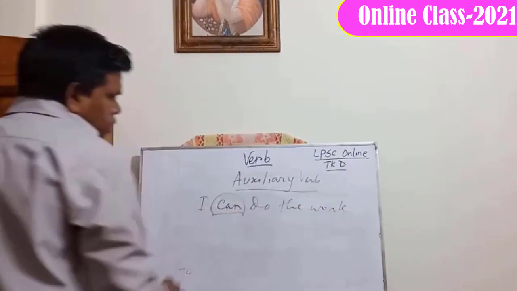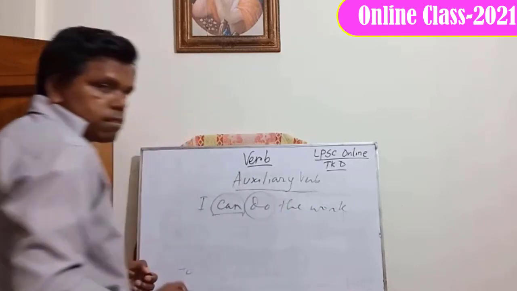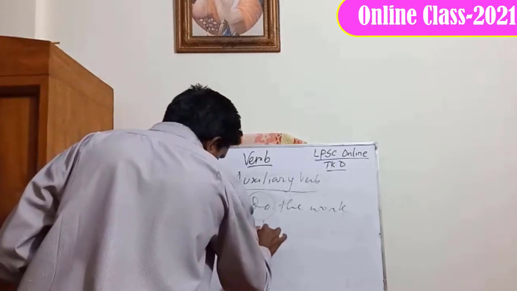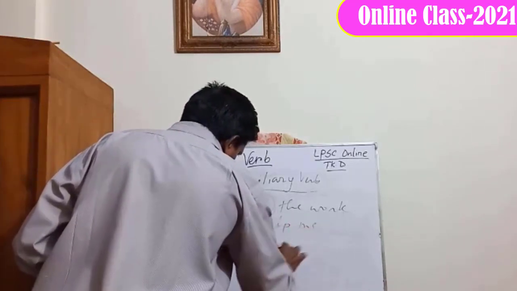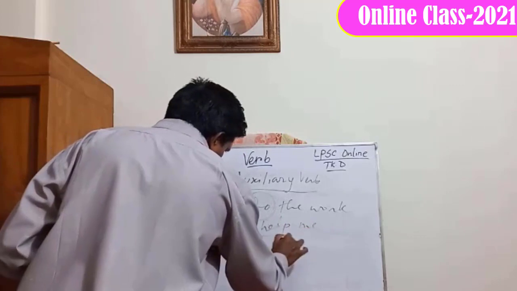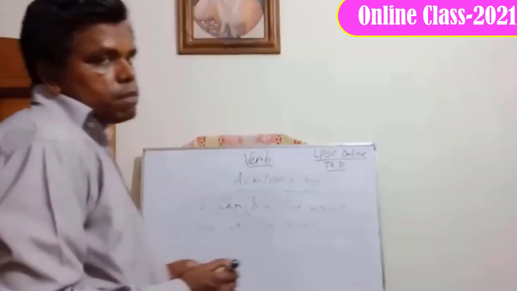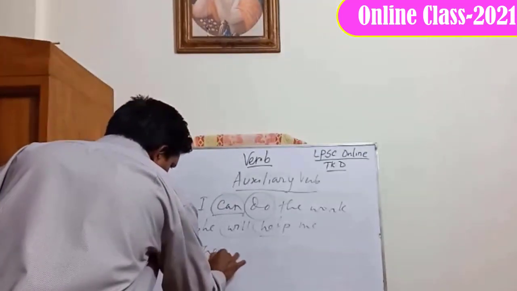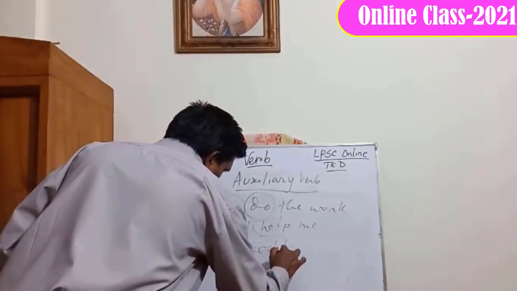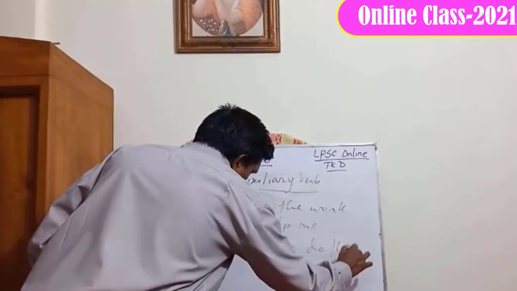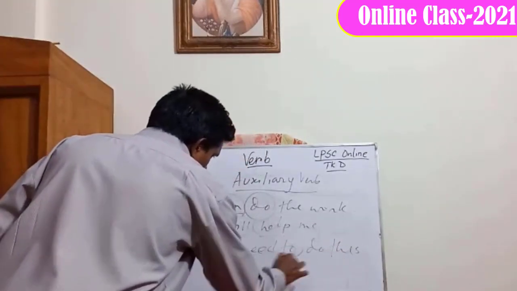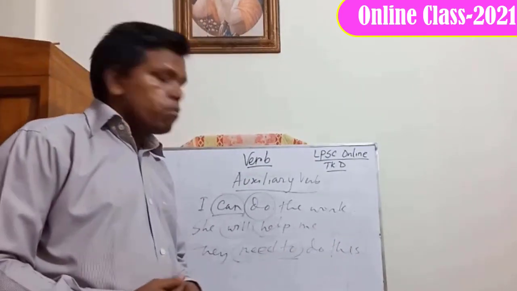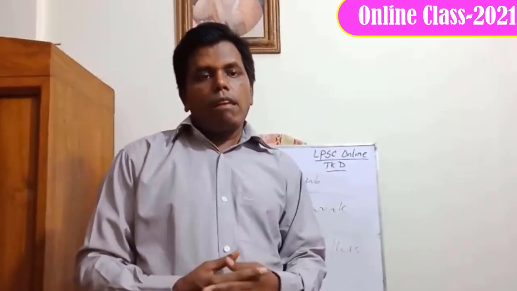Look, can is a model here and do is unchanged. She will help me. Here, will is a model and help is the principal verb, and it is unchanged also. They need to do this. Here, need to is also a model.